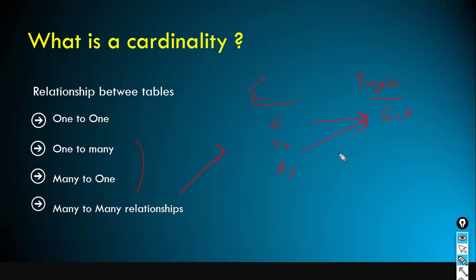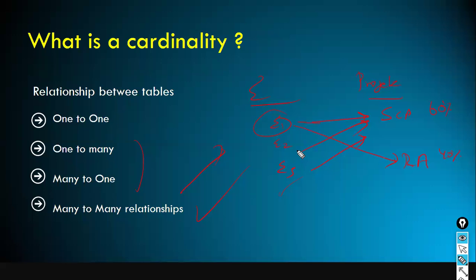And each employee is working in more than one project, retail analytics too. Maybe 60% of the time he spends here, remaining 40% here. So this is your many-to-many. A single employee is working on more than one project, and each project contains multiple employees, hence it is called a many-to-many relationship.